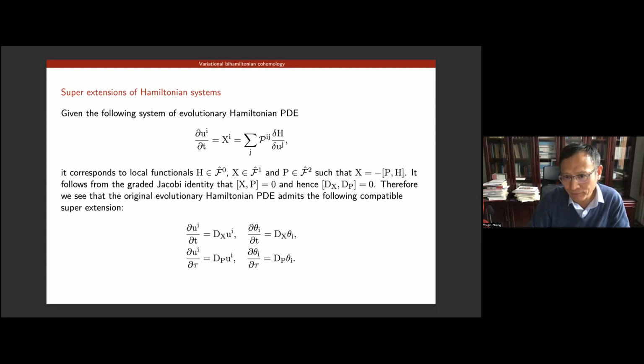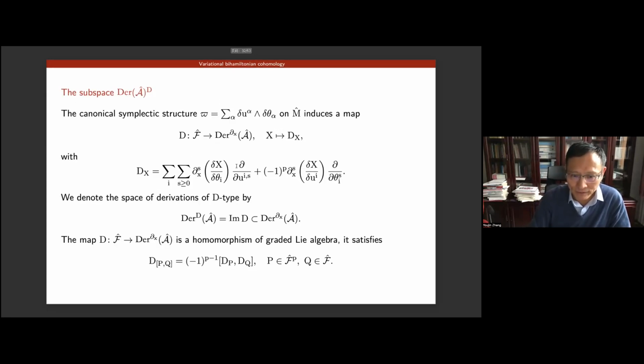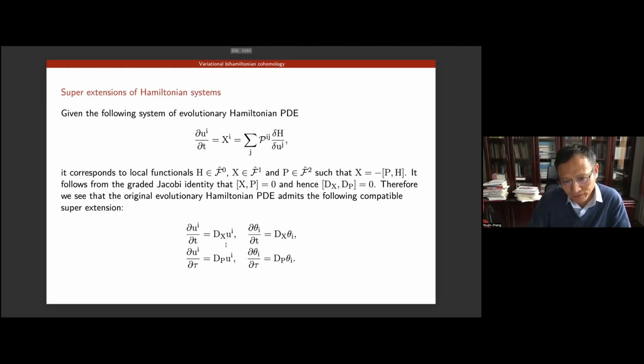Because we have these local functionals X and P, these two local functionals give us two derivations, dX and dP. So this derivation is given by this map. Okay, so we have these two derivations.